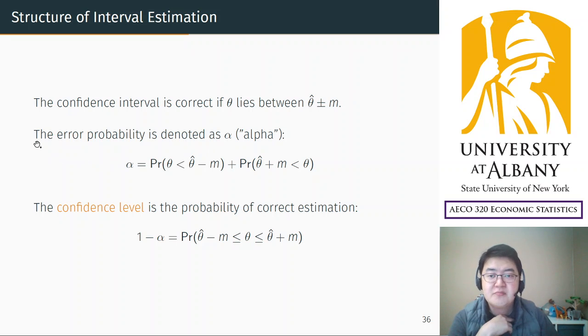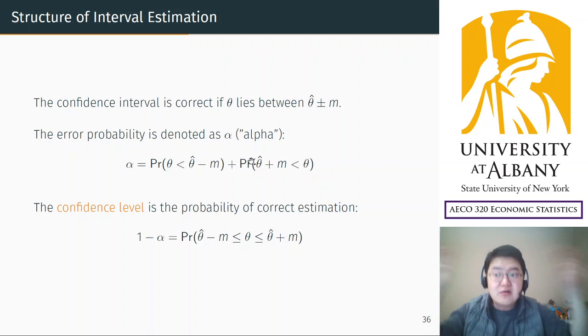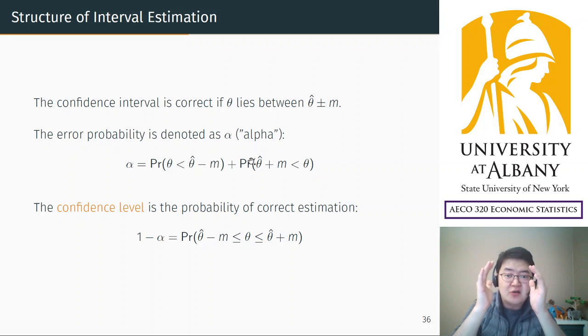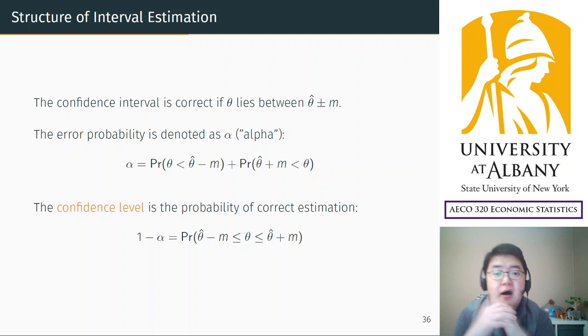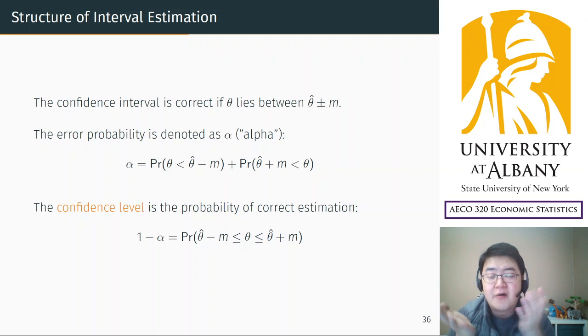First, the error probability. The error probability is the probability that the true parameter is lower than the lower confidence limit, or the probability that the true parameter is greater than the upper confidence limit. So it's outside. The interval is here, but if the true parameter is here or here, then your estimator is wrong.